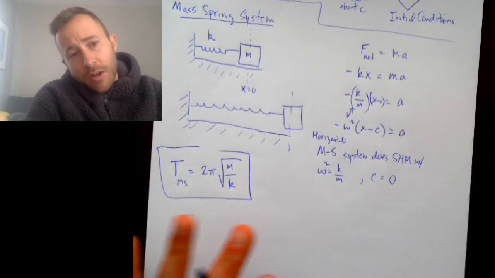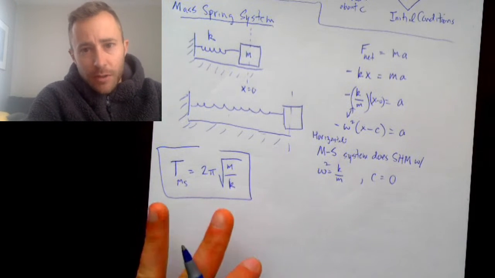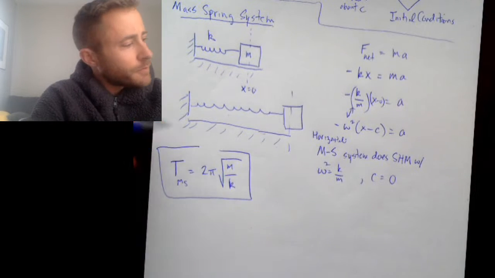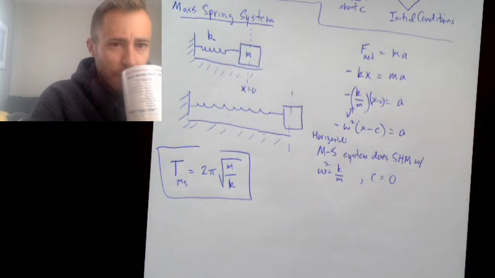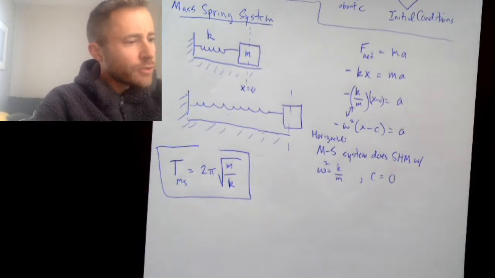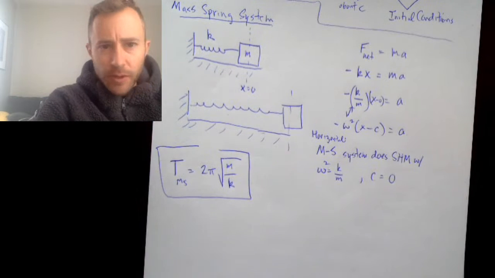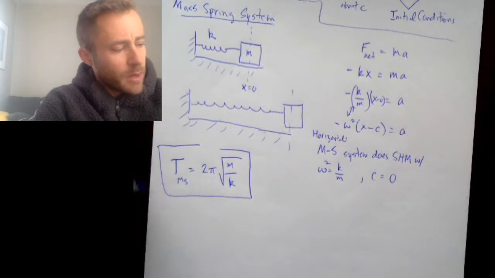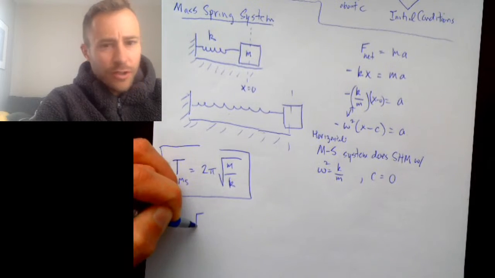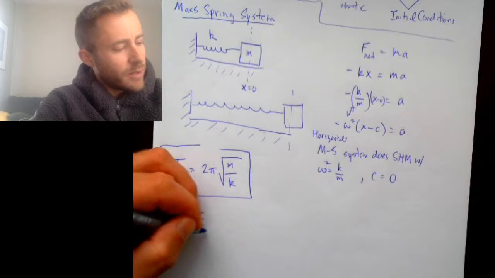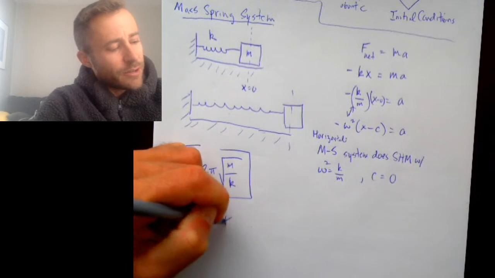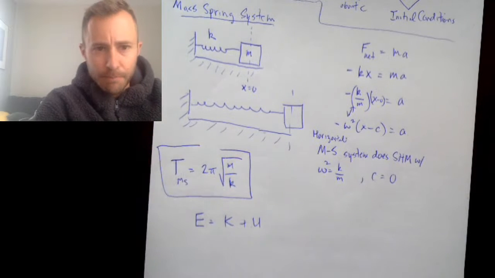So what I wanted to talk about in particular today is energy and the mass spring system. The energy of the mass spring system is going to be kinetic energy plus potential energy.